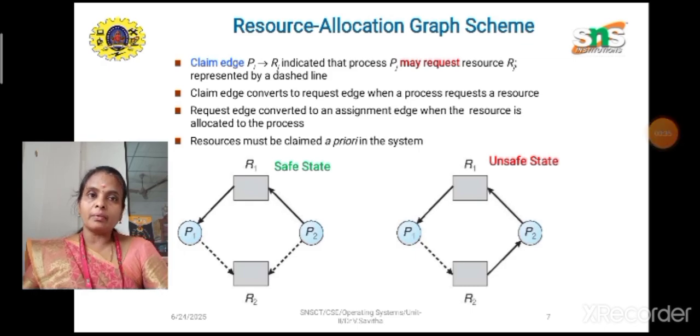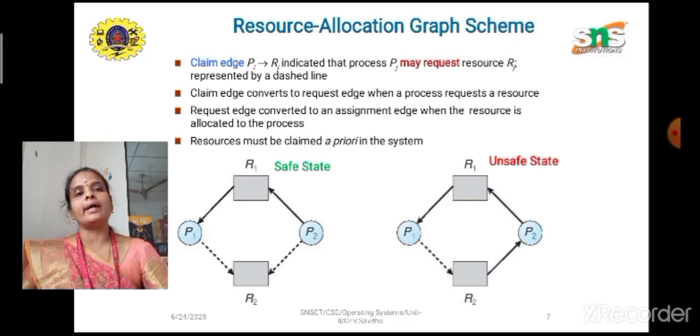Basically, before the banker's algorithm is implemented, the resource allocation graph scheme helps to identify whether the given state is safe or not. In this example, the dotted arrow indicates a claim and the solid arrow indicates an allocation and request.